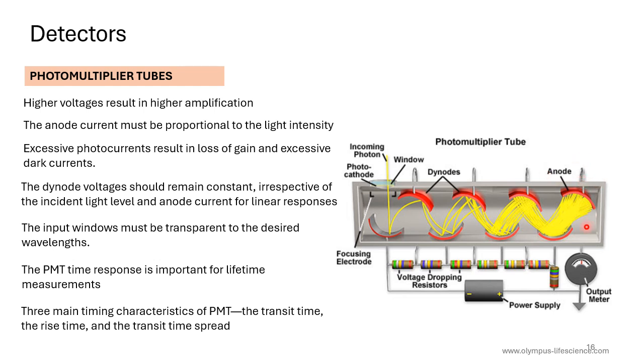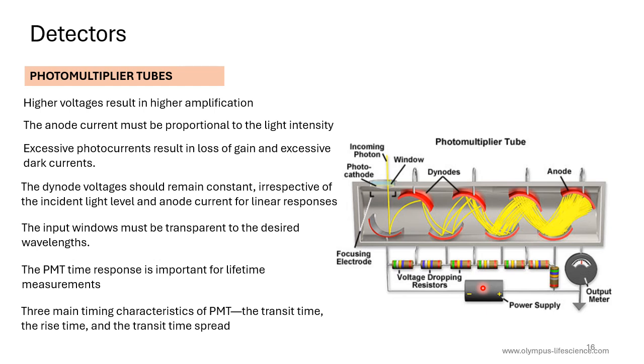Now typically it ranges from 20 to 50 nanoseconds. Now the rise time is the time required for the PMT anode signal to rise from 10 to 90% of its final level.